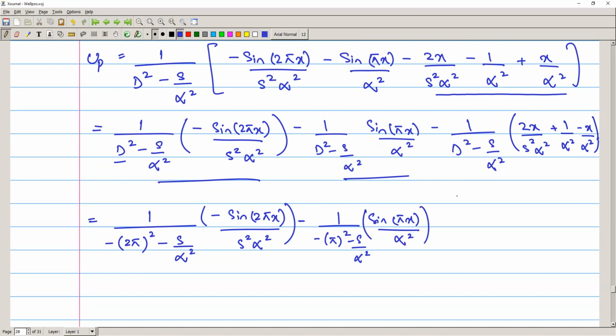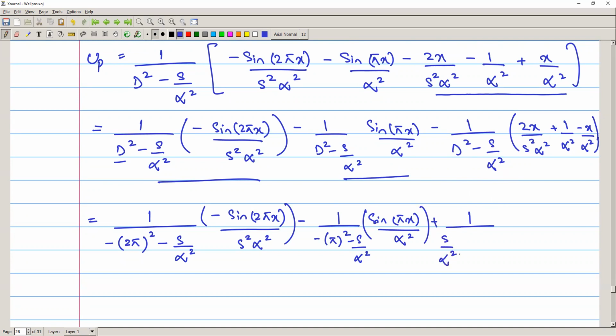All right, and for this, now we need to do something different. We will take negative s over alpha squared as common, so this will be positive.